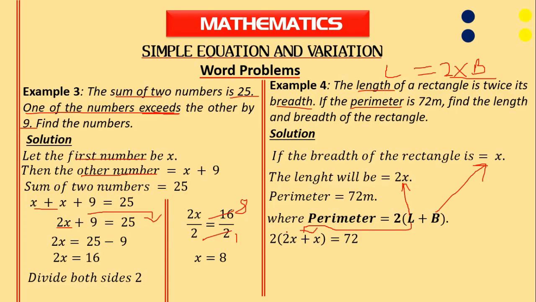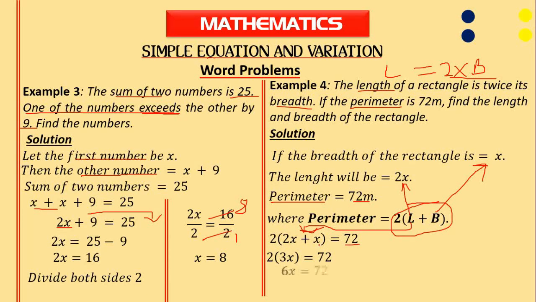From the definition, perimeter equals 72, so everything you have here will be equal to 72. Then you can expand further. Of course, 2x plus x can be simplified as 3x when you add them together. So that means you have 6x equals 72.